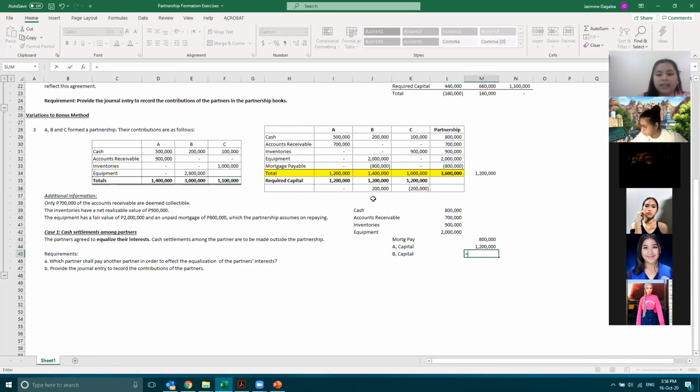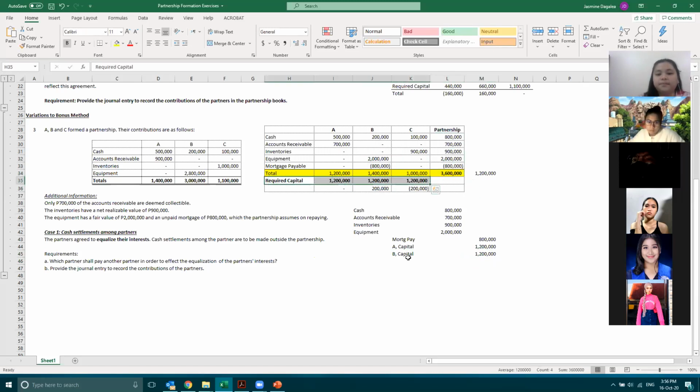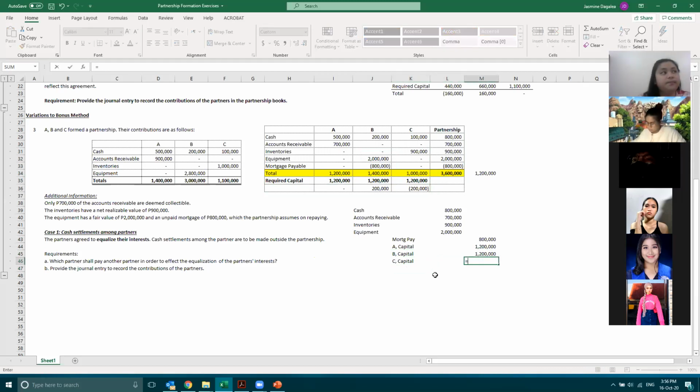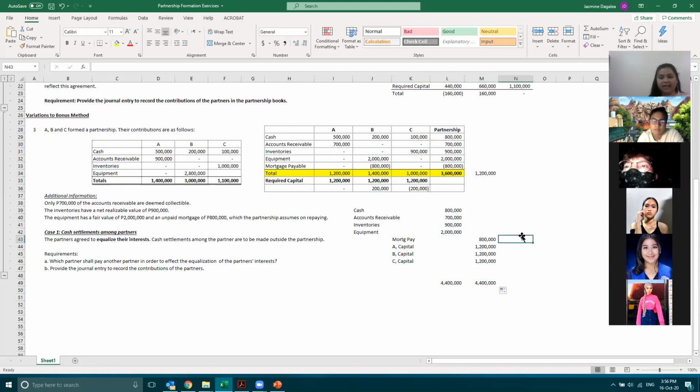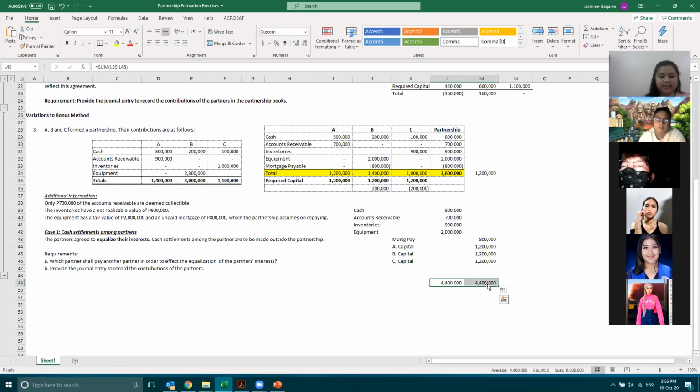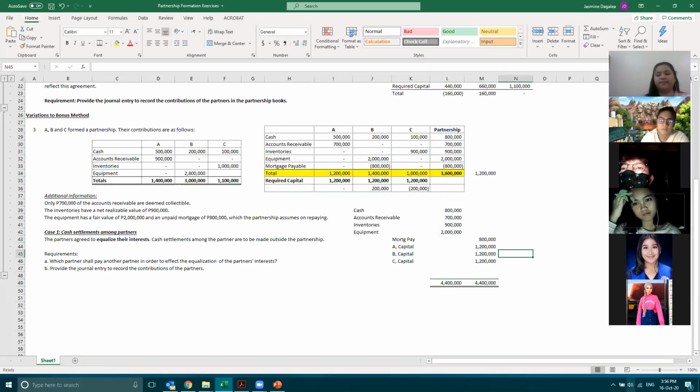Makikita nyo, ito na yung pinaka-journal entry nyo ha. Dito, tsaka dito, required capital. C capital. Balance pa. Balance, 4,400. Okay? Gets? Yes, ma'am.